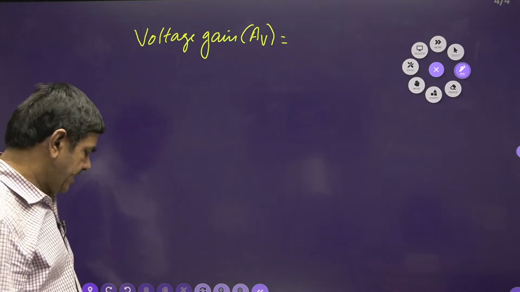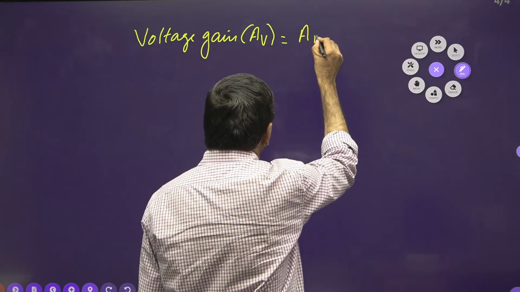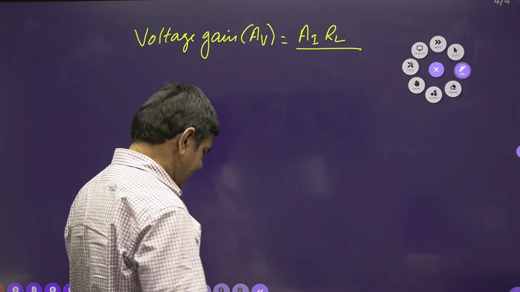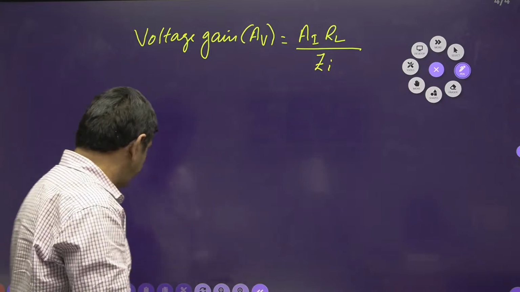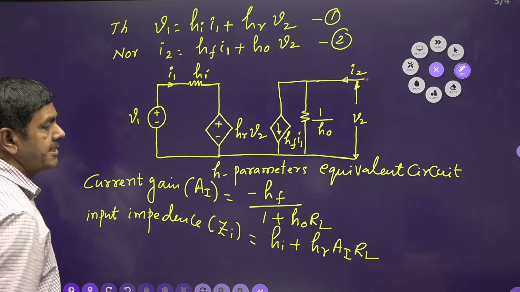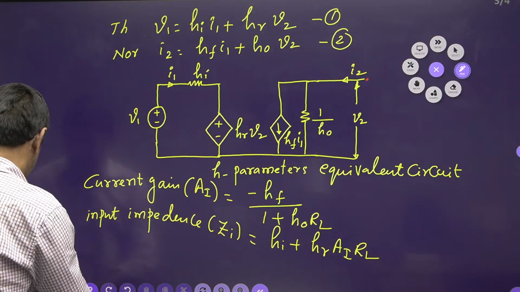That AV is calculated by AI into RL, current gain into load resistance, divided by Zi. We know how to find Zi, it is already given: Zi equal to Hi plus HR into AI into RL, same formula. By using this formula, you have to compute Zi.